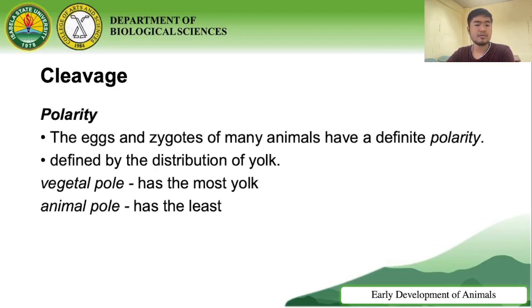The eggs and zygotes of many animals have a definite polarity. This polarity is defined by the distribution of the yolk. We have two poles: the vegetal pole, which has the most yolk, and the animal pole, which has the least yolk.